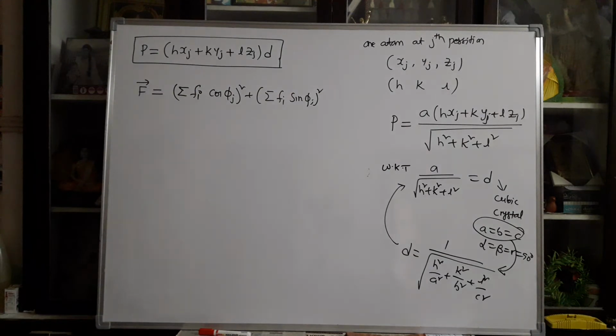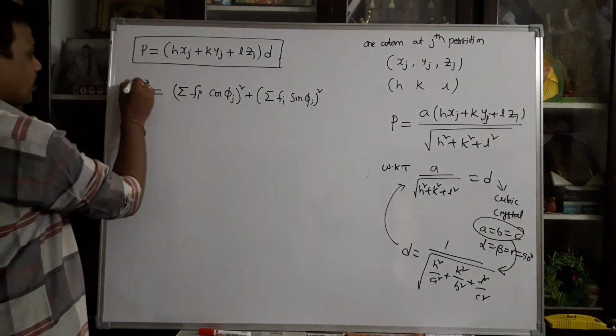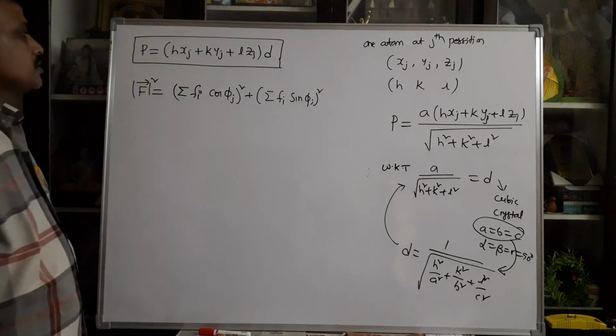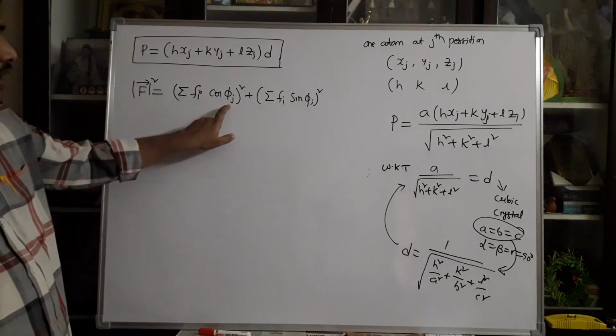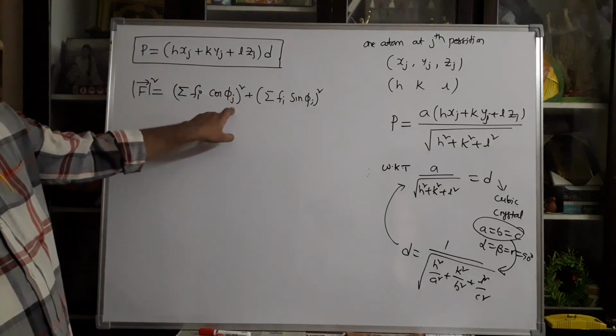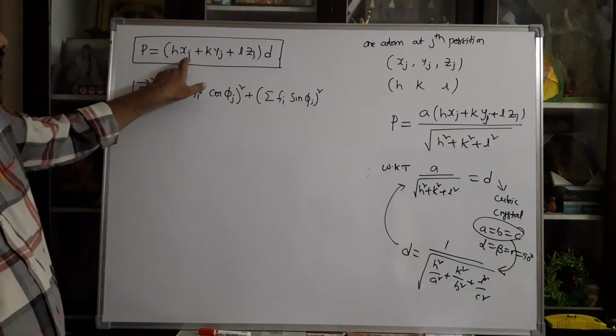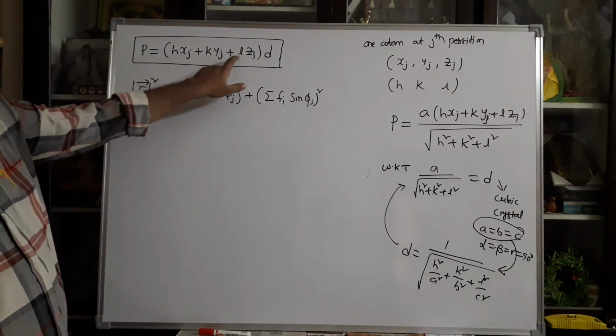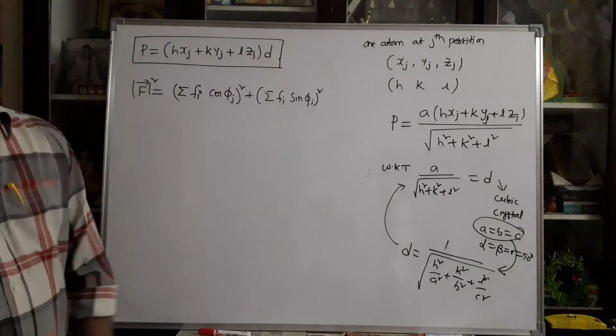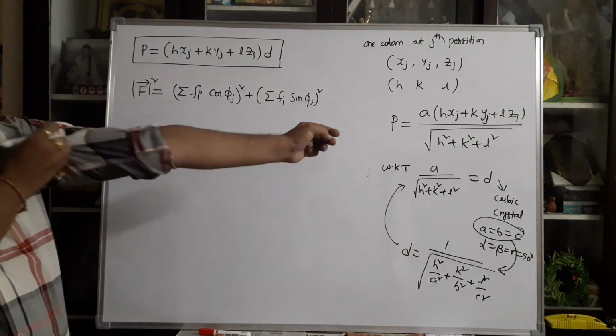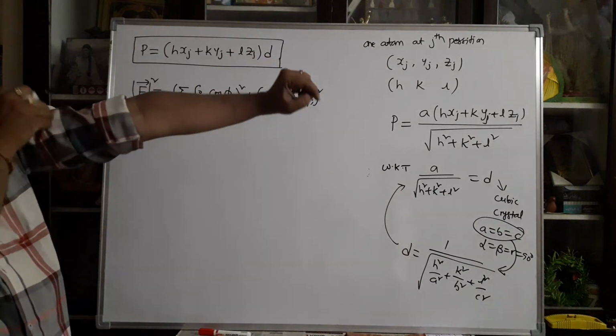This is mod f bar square. You can substitute in this pi: P is equal to h xj plus k yj plus l zj into d. You can substitute it in that equation.